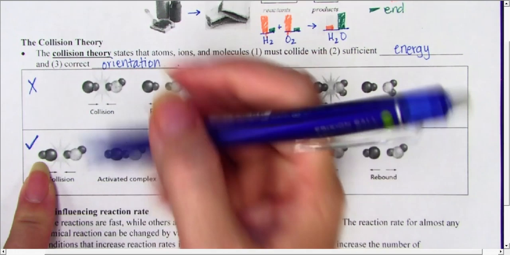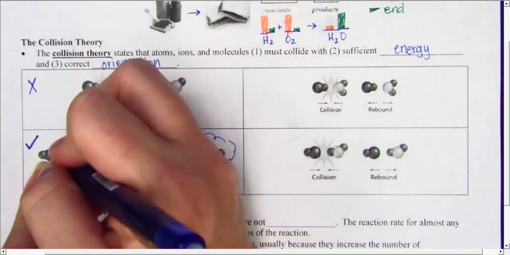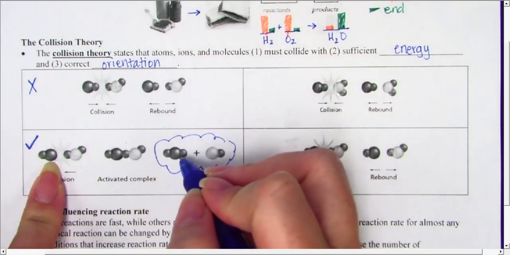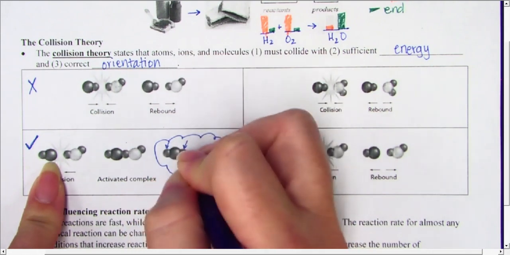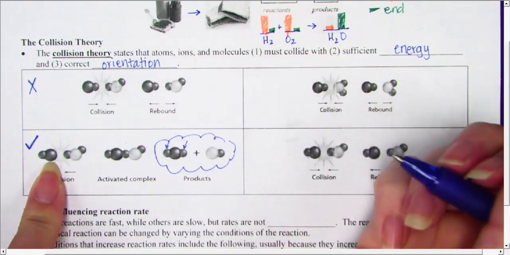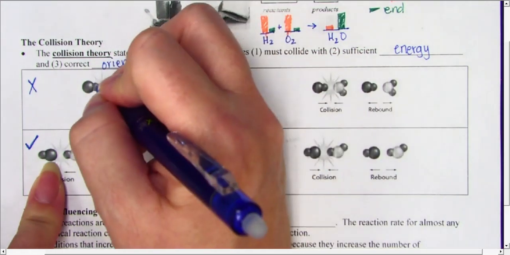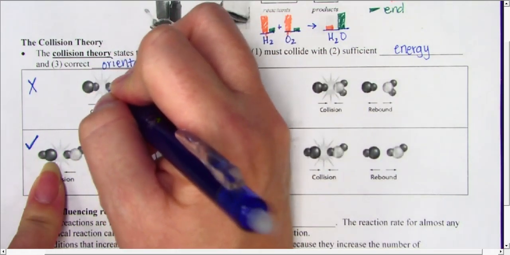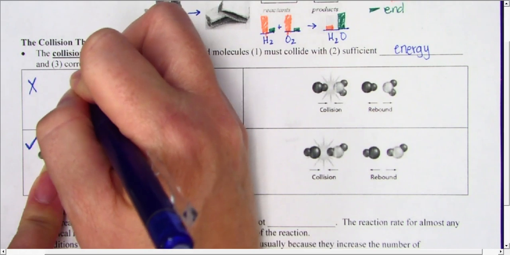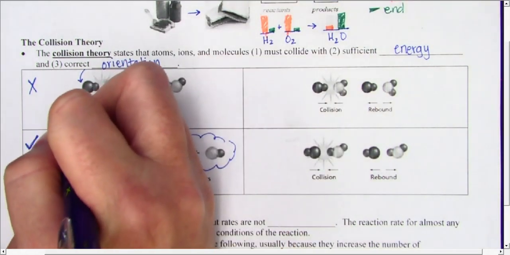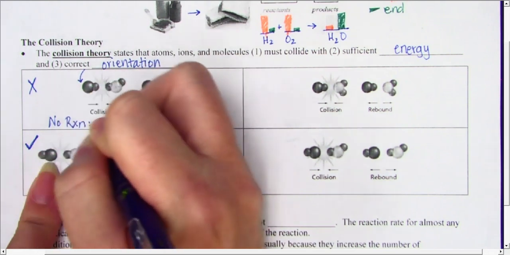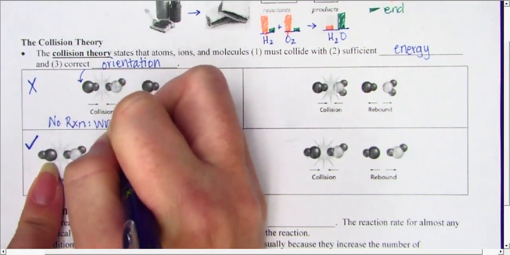To create a product, I need these two to be on opposite sides of this one large atom. If they collide in this orientation, that can't happen. It needs to collide on this side of it. So there's no reaction because it is in the wrong orientation.